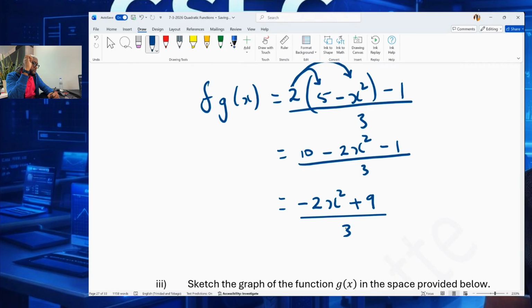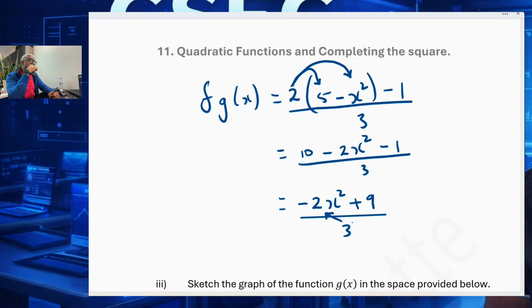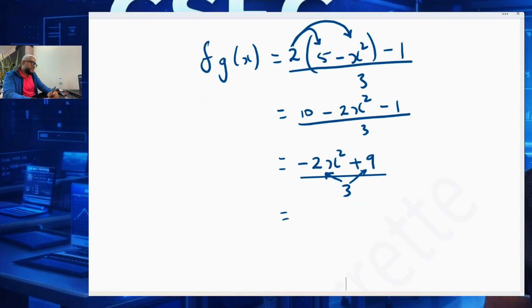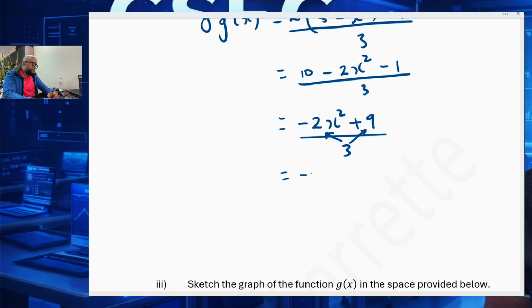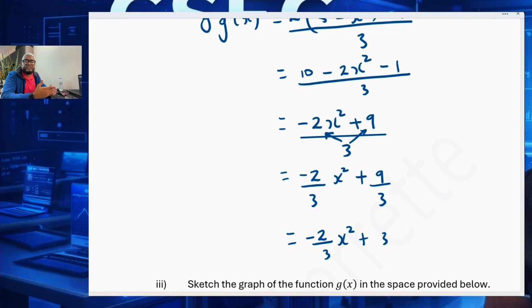So this will be equal to negative 2 over 3 x squared minus 9 over 3, which will be, not minus, sorry, plus, negative 2 over 3 x to the second power plus 3. This is my composite function in its simplest form.